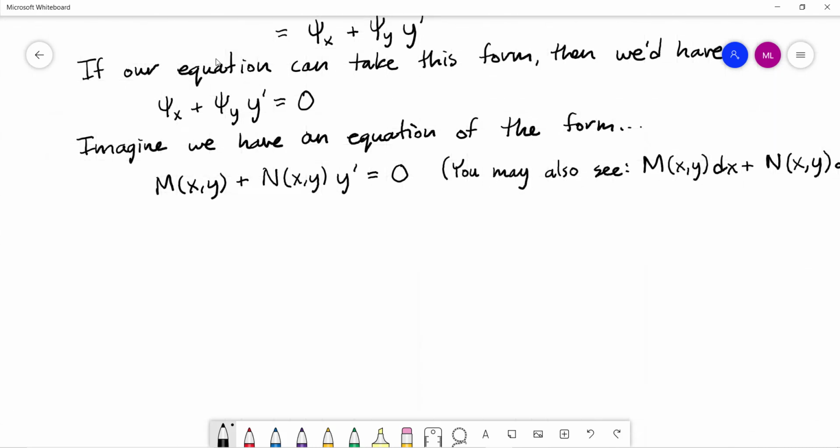To make everything match up, the m term, the m of x,y, must be equal to this x partial derivative. And the other term, the n of x,y, must be related to this term in front of the y prime. So that must be the y partial derivative of psi. So if we've got all of these, that makes this thing exact.